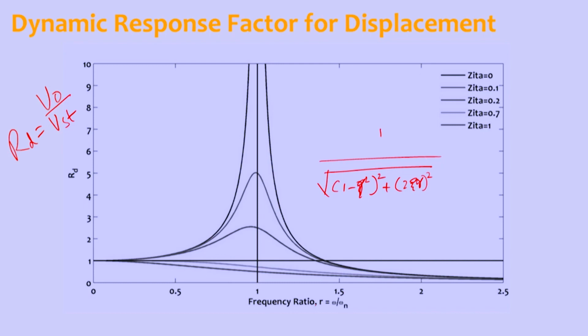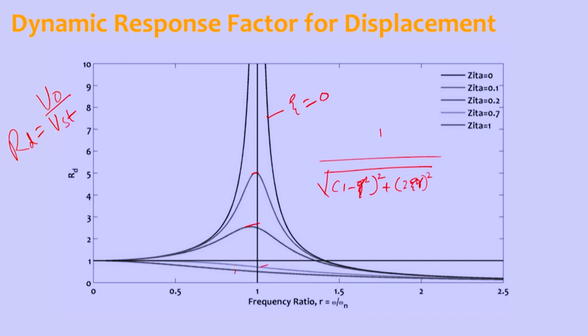If you substitute r values from 0 up to say 2.5, we get this response. This response is for different damping values. The first one is zeta equal to 0, and here zeta is 0.1, 0.2, 0.7 and zeta 100% damping.